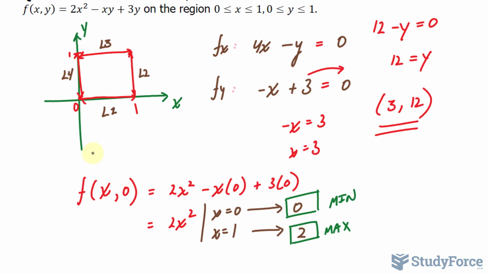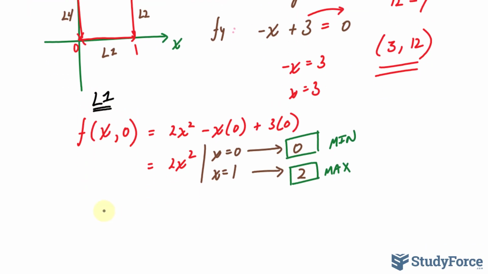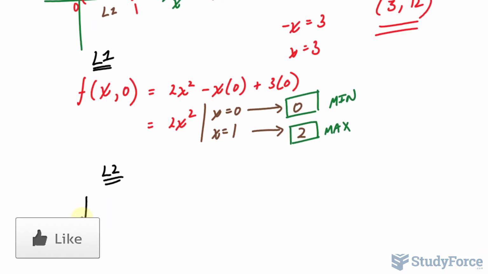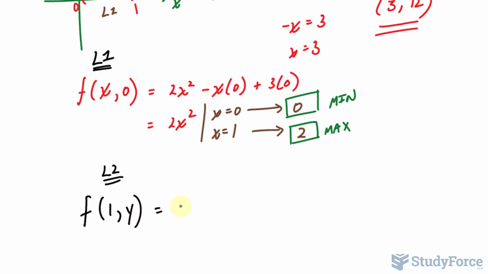Let's move on to L2. So this was L1. L2 will be something very similar, except this time we'll evaluate the function at x being equal to 1 and y we don't know. The function we started with was 2x squared minus xy plus 3y.